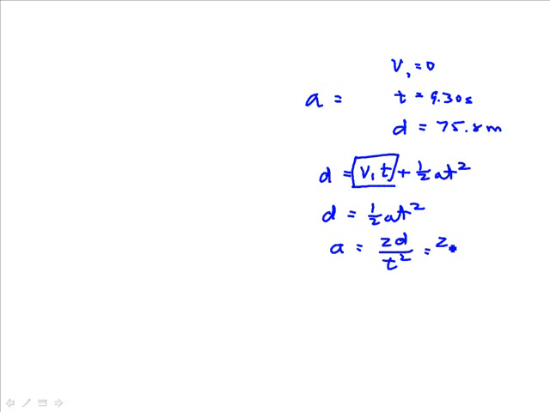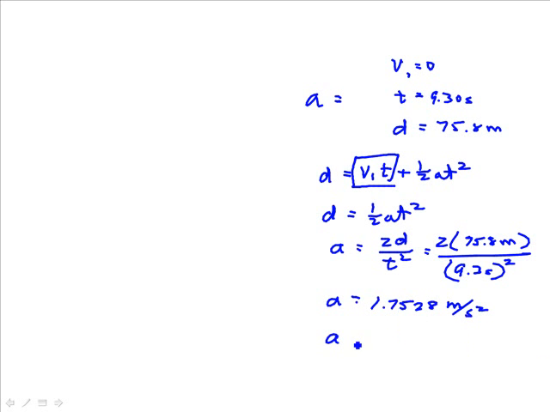And that would be 2 times the distance, 75.8 meters, divided by the time of travel, 9.3 seconds squared. Now don't forget to square that. A is equal to 2 times 75.8 divided by 9.3 squared, and you get 1.7528 meters per second squared.